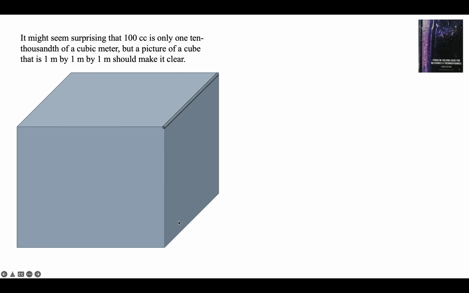Let's look at a picture so we can see why this is the case. Here's a cubic meter. 1 meter high, 1 meter back, 1 meter across. This is 100 cc's. It's 1 centimeter by 1 centimeter by 1 meter, which is 100 centimeters. How many of these square tubes do I need to fill up this cubic meter?